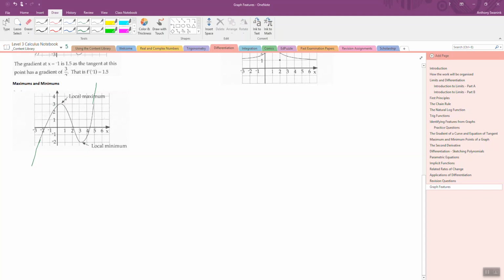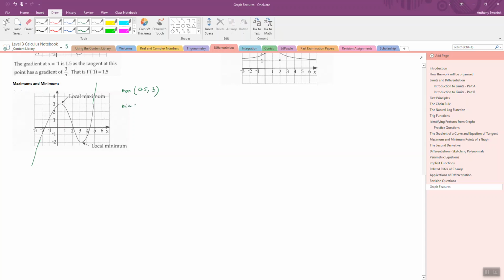So we can see that this is called a maximum point, but really, if we said it properly, it would be a local maximum. And this is a local minimum here. Usually we drop the word local off if we just talk about maximum and minimum. We don't actually need to put the word local in. So if we said, what is the local maximum or the maximum point, we would express it using coordinates, and this very roughly looks to me round about a half for x and definitely 3 for y.